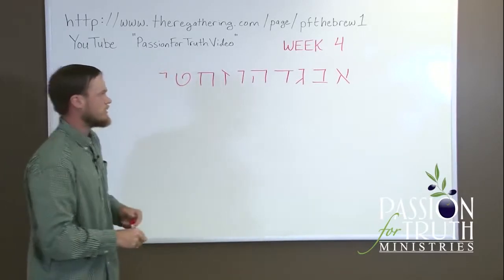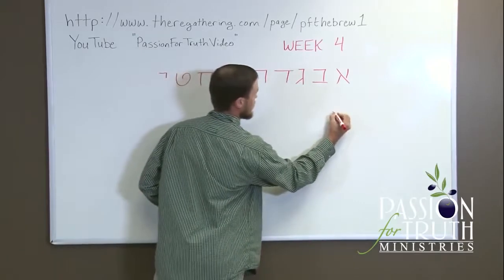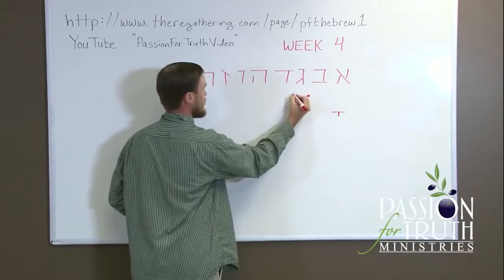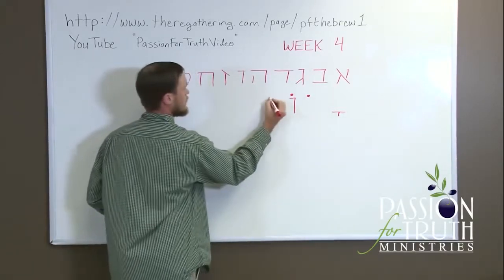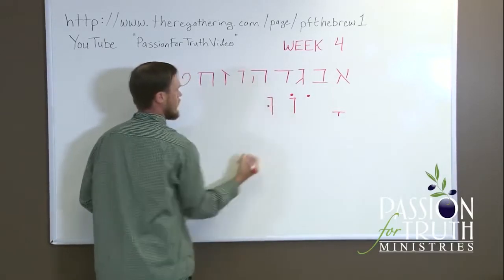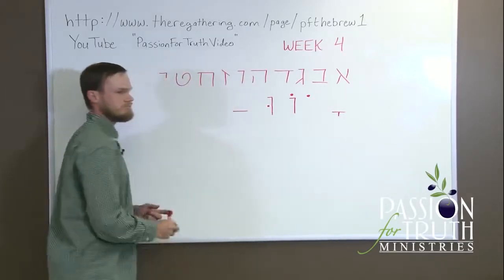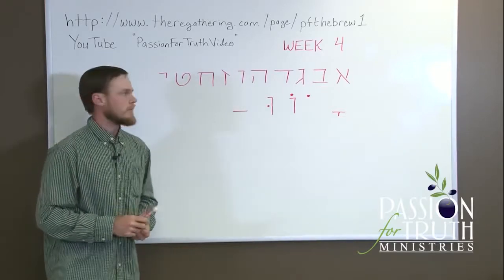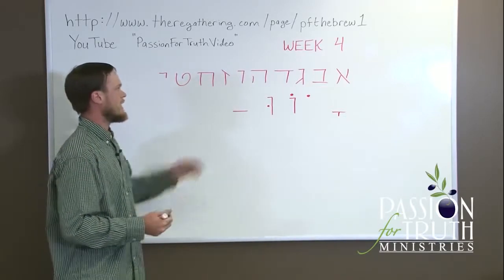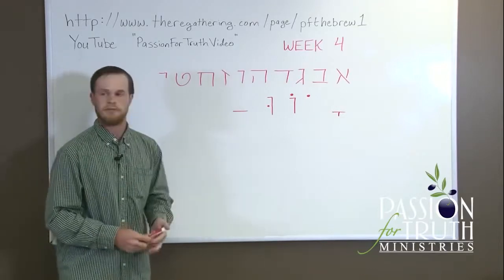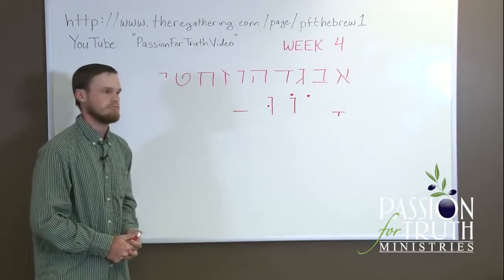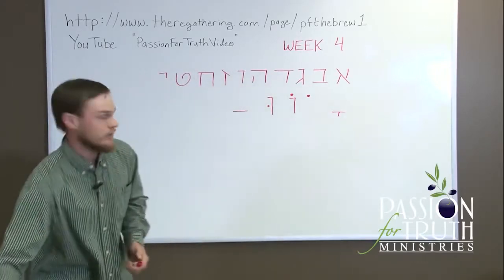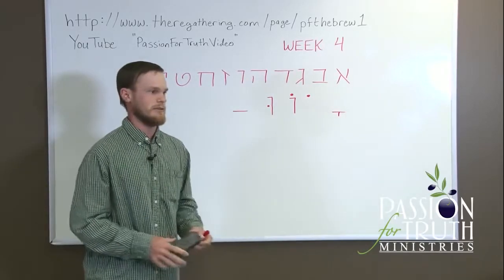And we've also covered several vowel sounds: the komets, the cholam, which can also be written with a vav, the shuruk, and the patach. Are there any questions about any of these letters or vowel sounds? Okay. That's a good sign that probably people online understand it too.